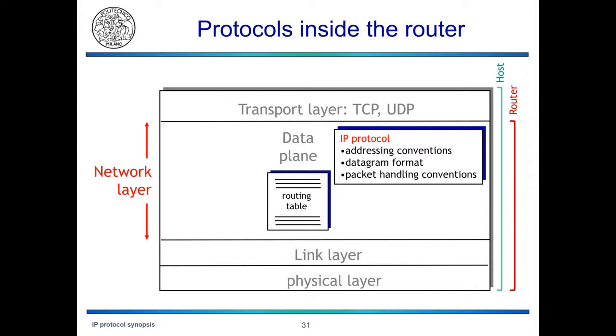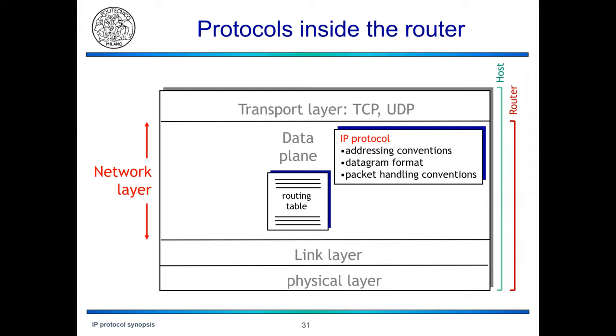In the router, you find the IP protocol and then the implementation of the lower layers, data link layer and physical layer, because of course the router has physical interfaces in order to communicate with the rest of the network.